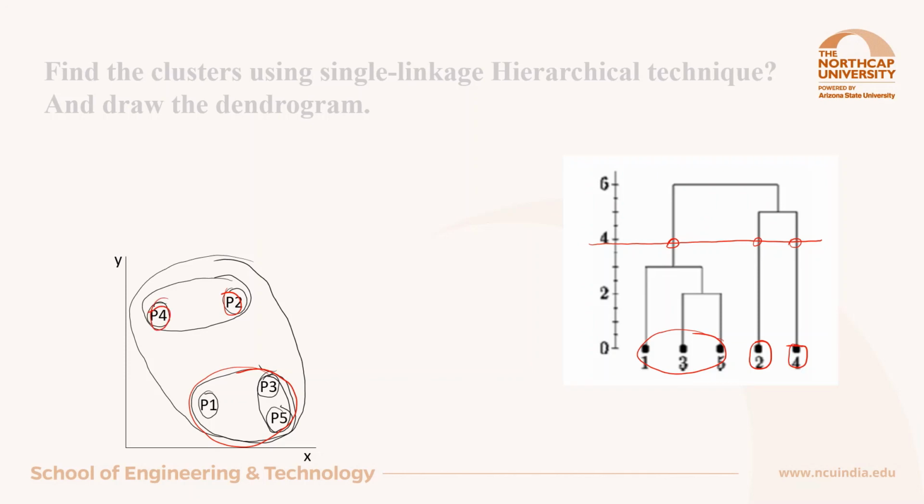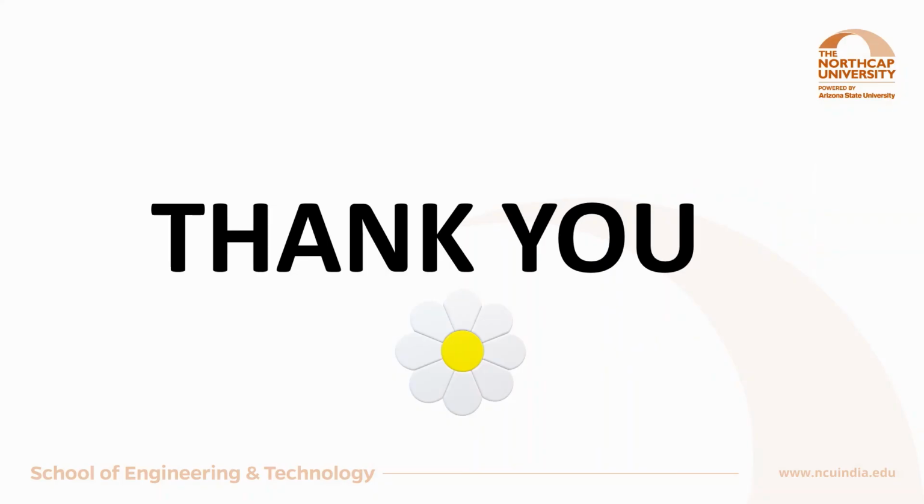And at level 5, it is cutting at these 2 points. So that means there are 2 clusters, one containing points 1, 3, 5 and the other cluster containing 2 and 4. So this is how we can make use of a dendrogram to infer the number of clusters present in the data set. Thanks for watching.